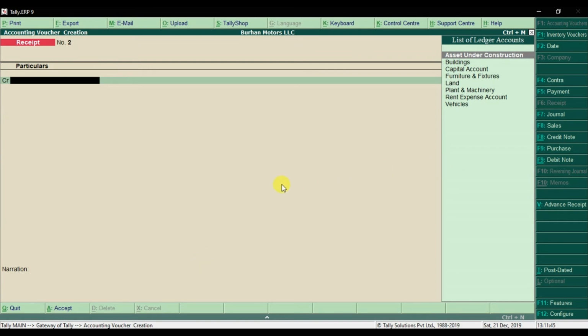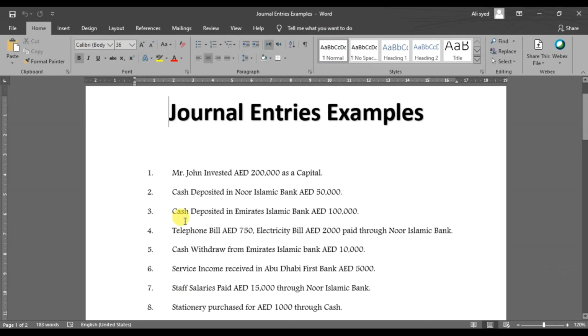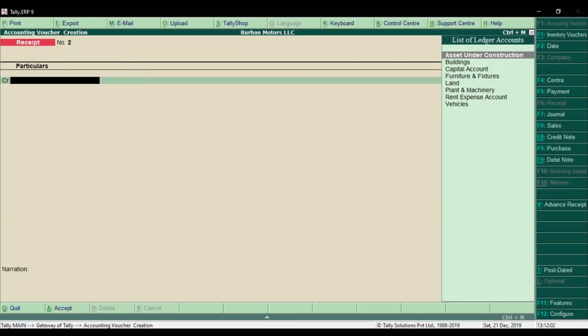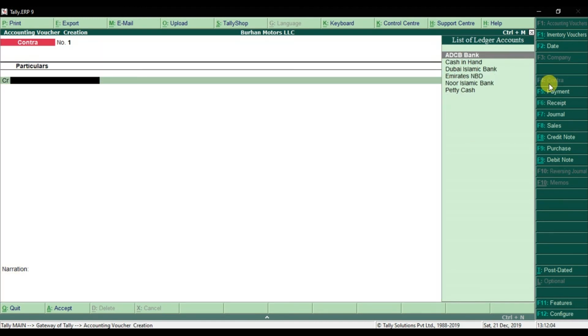Noor Islamic Bank is debit and cash is credit. It's not a payment. It's a contra, because debit and credit are cash and bank, so it comes under contra.